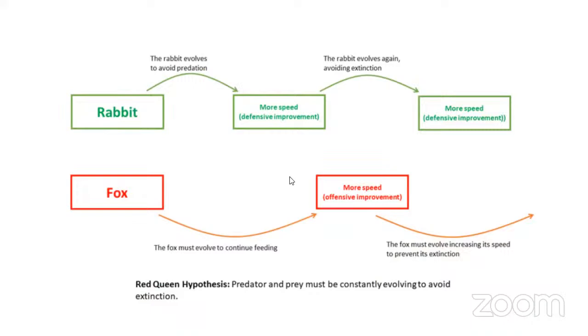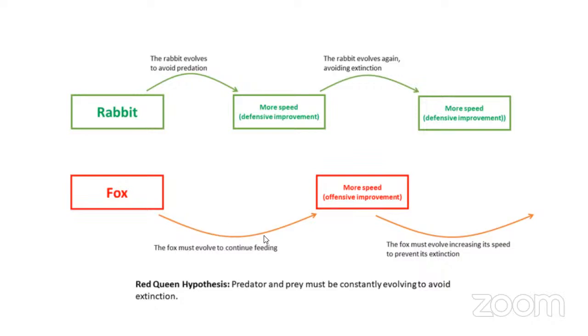So here's a model of what that would look like with just a rabbit and a fox, right? So foxes eat rabbits. So as the rabbit evolves more speed to get away quicker from a fox, you would expect fox populations to kind of drop because they're getting hungry, right? They can't get enough food. If they don't evolve or adapt in some way to that change in their prey organism, we'd expect that decline to continue.